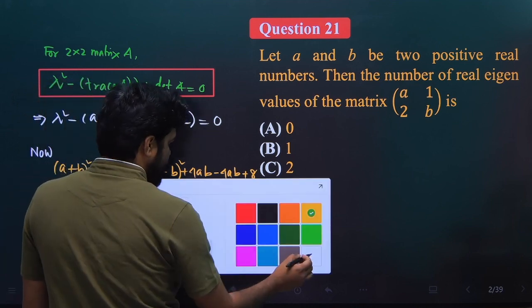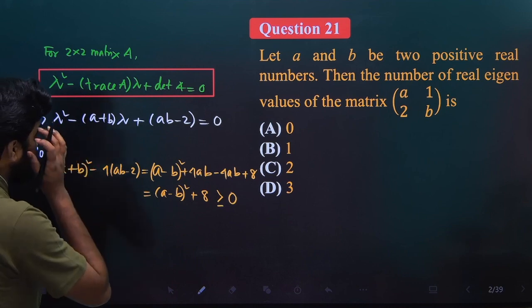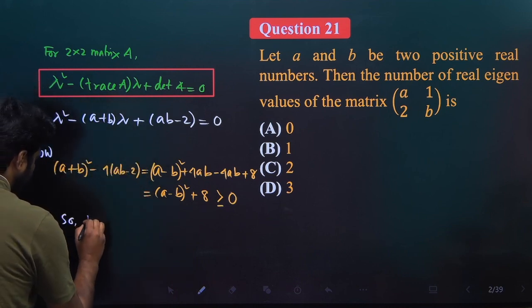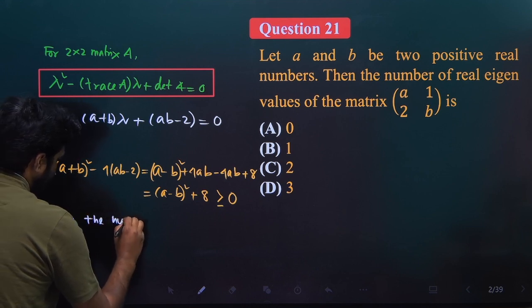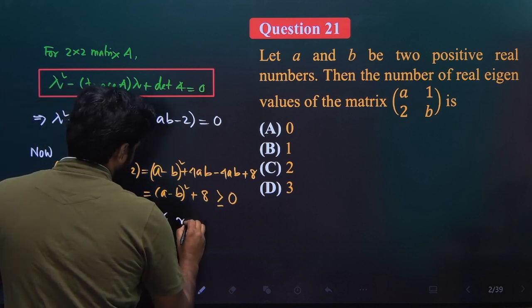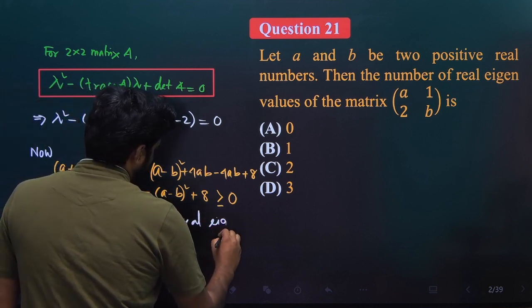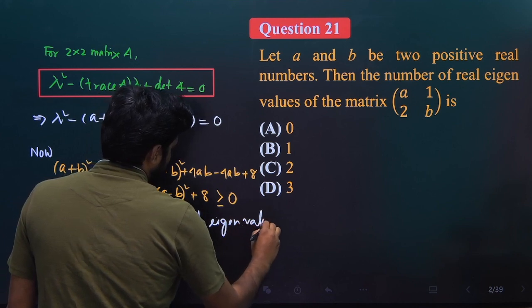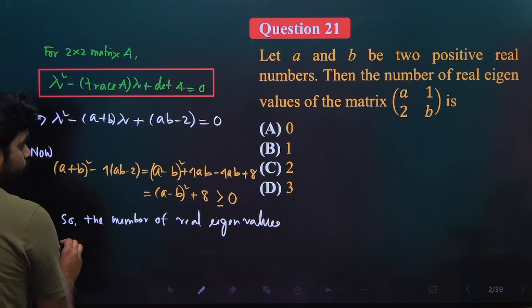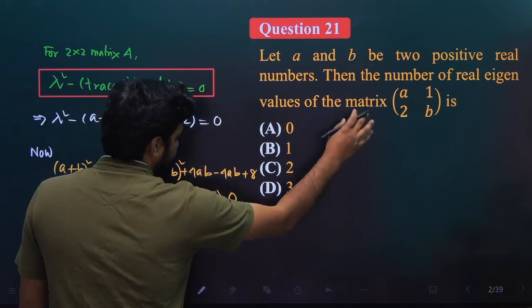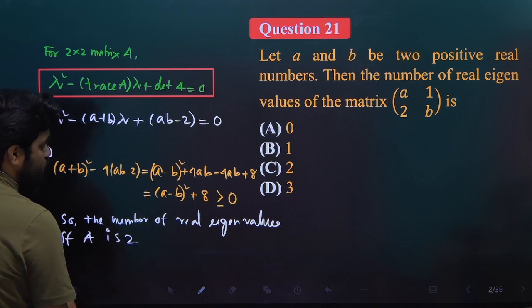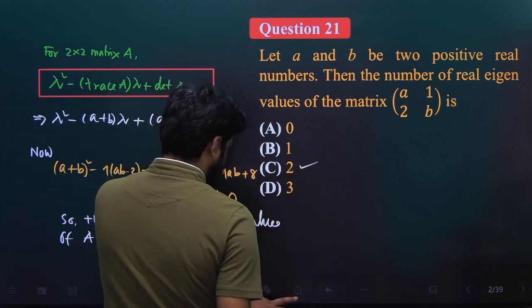So we conclude that the number of real eigenvalues of the matrix A is 2. So option C is the correct answer.